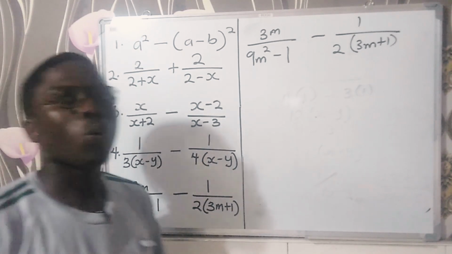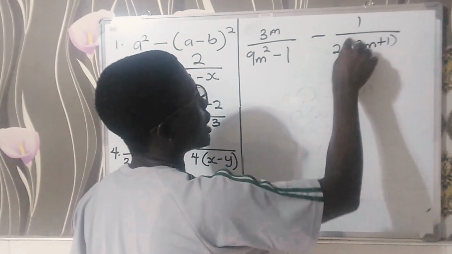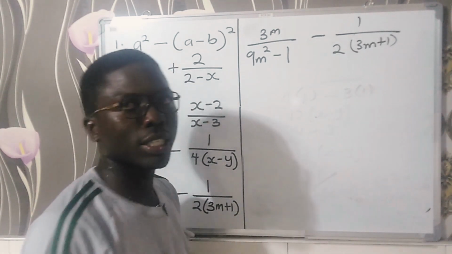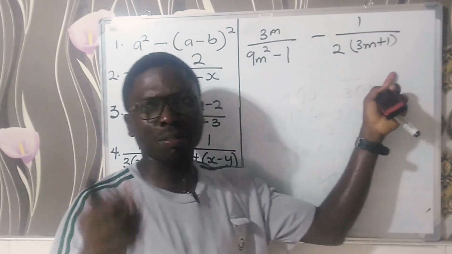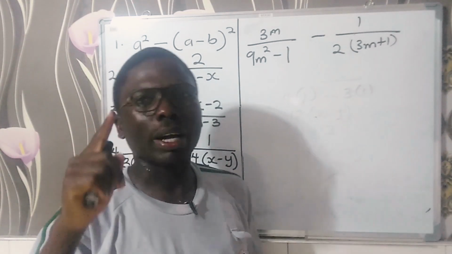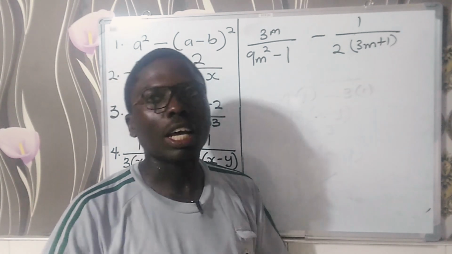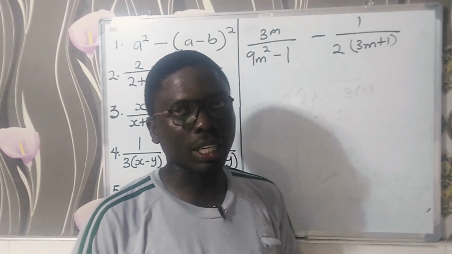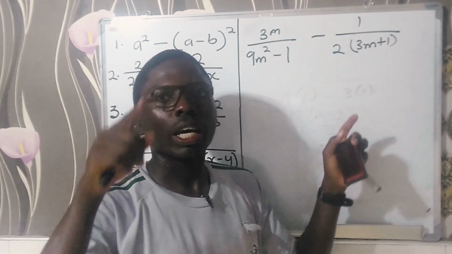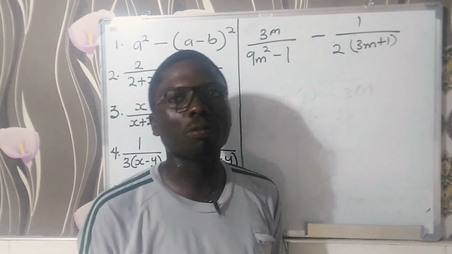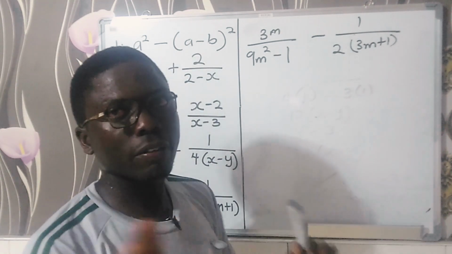Now, whenever you have something of this sort at the denominator side, please never expand it. When you expand it, you might have the answer correctly, but you will have to go through a very long procedure. So please don't expand it, just leave it as it is. In some questions, they will expand it for you, and you have to factorize the common factor out. But in this question, they've already factorized it for you, so you leave it as it is.